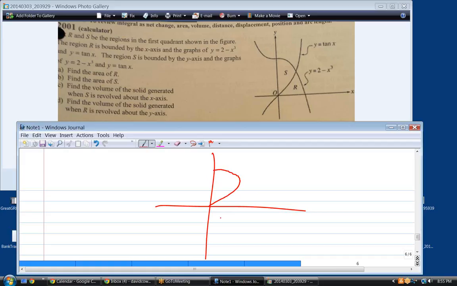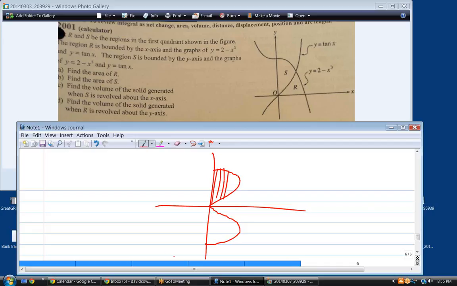There's the shape. After we rotate it about the x-axis, it now looks like this, something like that. And so when we break this up vertically, it's going to be symmetrical also.